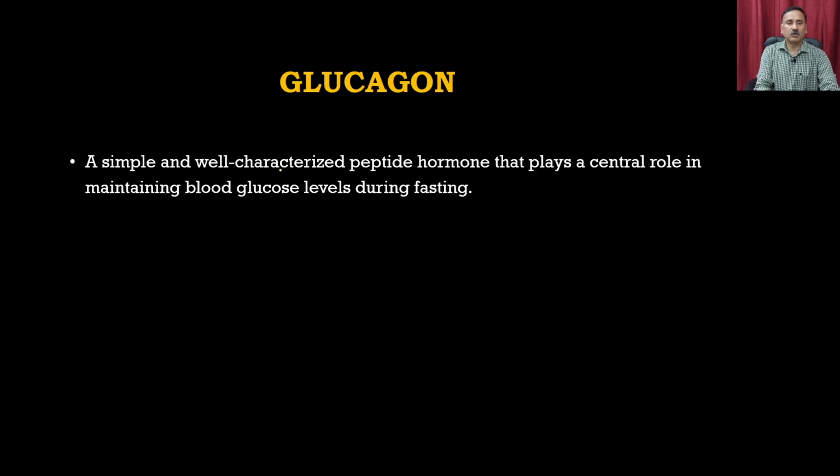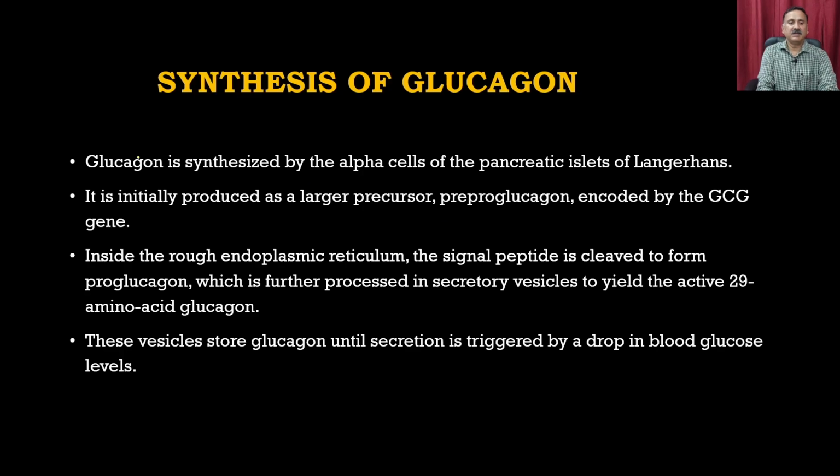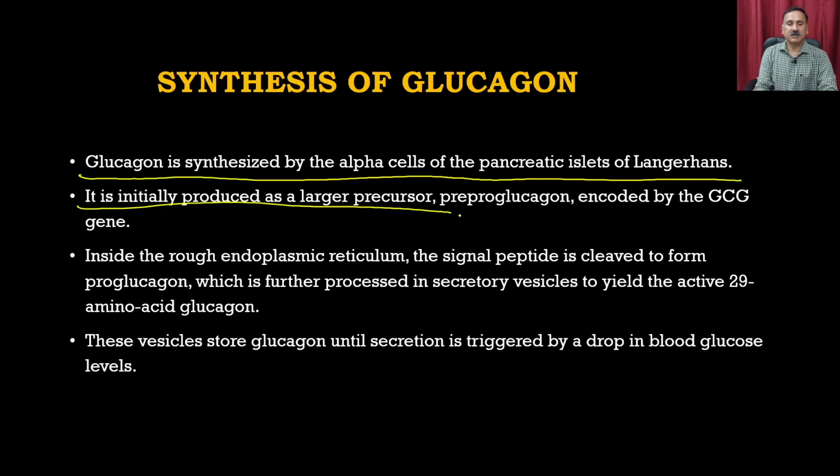Now, talking about the glucagon, it is a very simple and well characterized peptide hormone that plays a central role in maintaining the blood glucose level during fasting. How is the glucagon synthesized? Glucagon is synthesized by the alpha cells of the pancreatic islets of Langerhans. It is initially produced as a larger precursor, pre-proglucagon, encoded by the GCG gene.